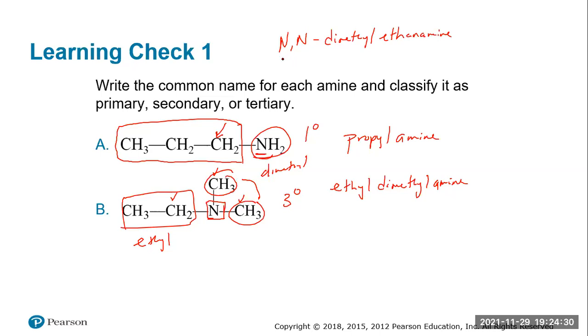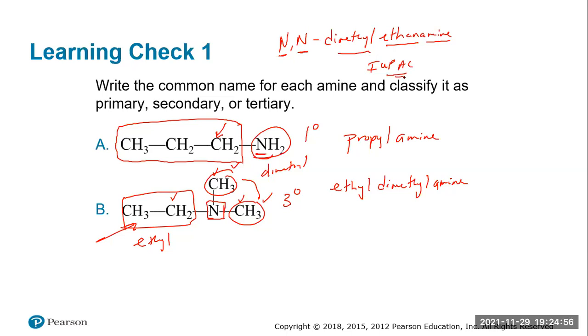So normally when they're attached to carbons, we use numbers. But here we use N to represent that they're attached to the nitrogen. Dimethyl, or there are 2 methyl groups that are attached. And our longest carbon chain attached to nitrogen is 2 carbons, which is based off of ethane, and you put the amine on it. So this would be more of the IUPAC way of naming it.